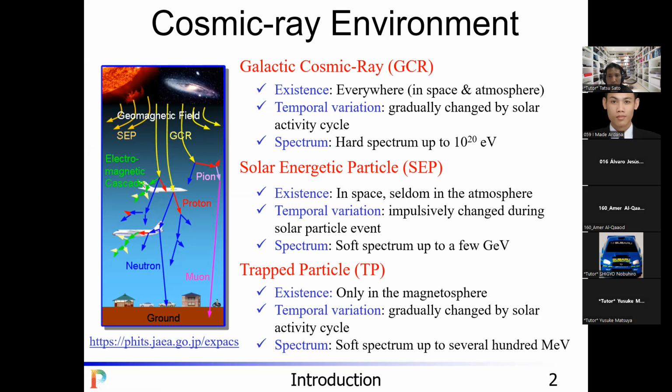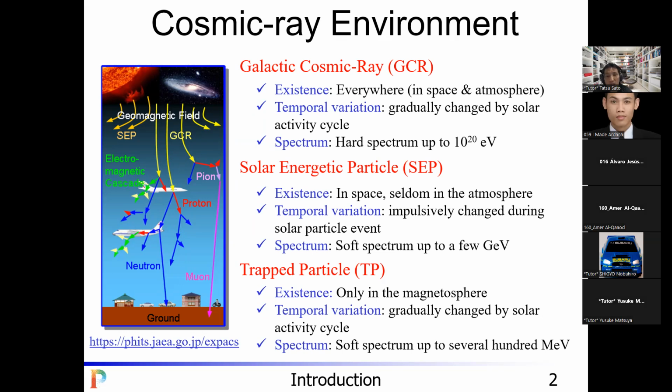The spectrum is very hard, and the highest energy of the cosmic rays is up to 10^20 electron volts. So extremely high energy cosmic rays exist and come from the galaxy. They are generally created by supernova explosions, but the origin of galactic cosmic rays is still under discussion.